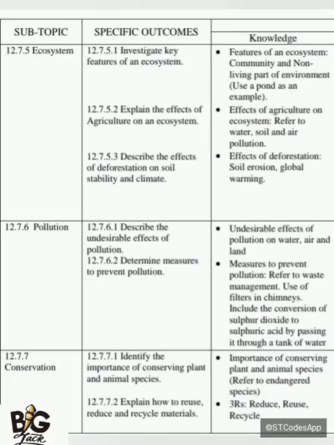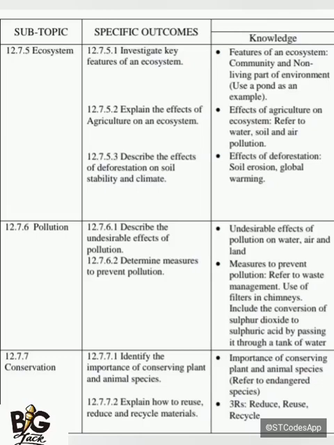Apart from that one, they can ask you questions under pollution, where you are required to describe the undesirable effects of pollution. Apart from that one, you also need to determine measures to prevent pollution. Then apart from that one, they can ask you questions from conservation. So now, under conservation, they can ask you to identify the importance of conserving plants and animals.